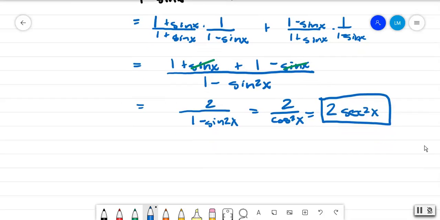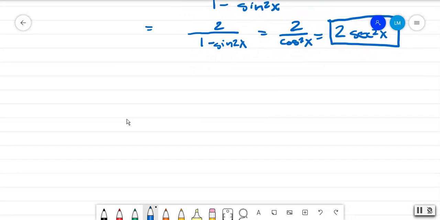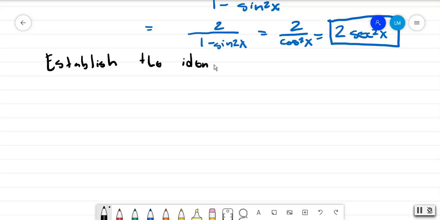Okay, now let's go ahead and think about how we can look at fundamental identities, like verification. Usually whenever you have an identity, the idea is that you want to be able to show that the left-hand side is the right-hand side.